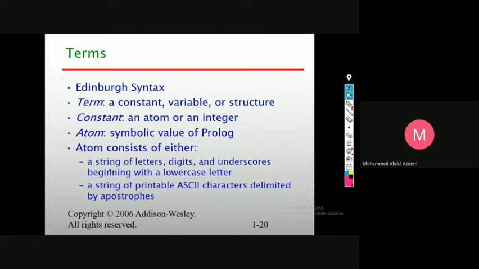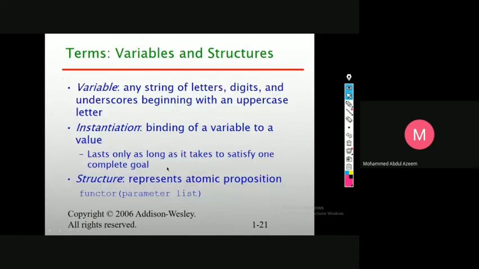Atom consists of either a string of letters, digits, and underscores beginning with a lowercase letter, or a string of printable ASCII characters delimited by an apostrophe. A variable is any string of letters, digits, and underscores beginning with an uppercase letter. Instantiation is the binding of a variable to a value, right? Which lasts only as long as it takes to satisfy one complete goal.